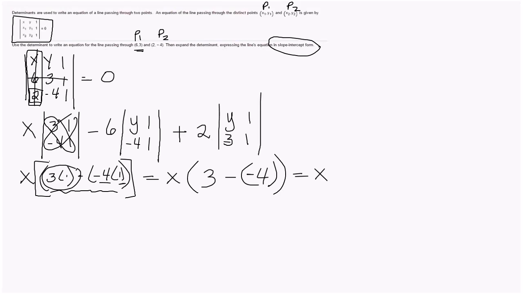So I'll have 4 plus 3 is 7. So that first part would be 7x. So this simplifies to 7x. And then you'd want to go and do the same thing to each of the following.